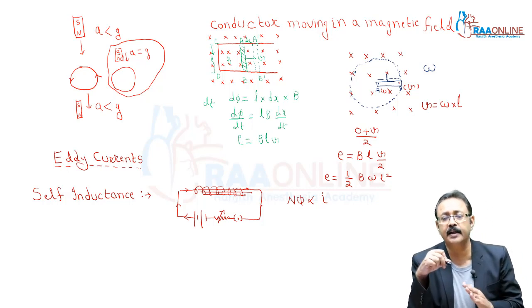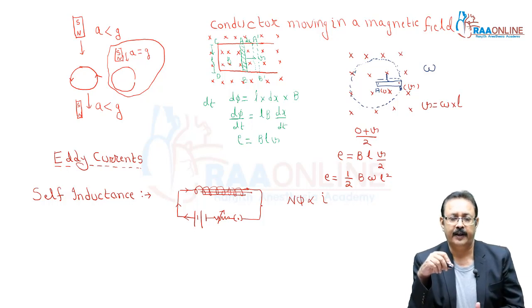If you change the strength of current, the strength of magnetic field will also change. If there is a change in magnetic field related to the coil, you will find one induced EMF there.